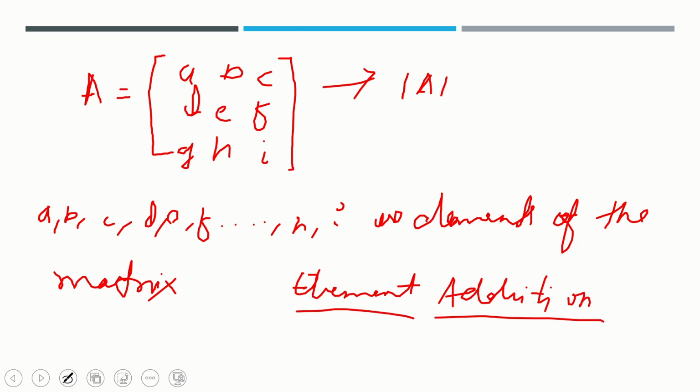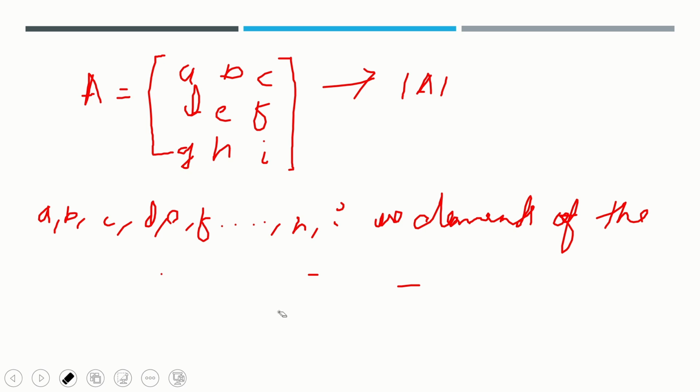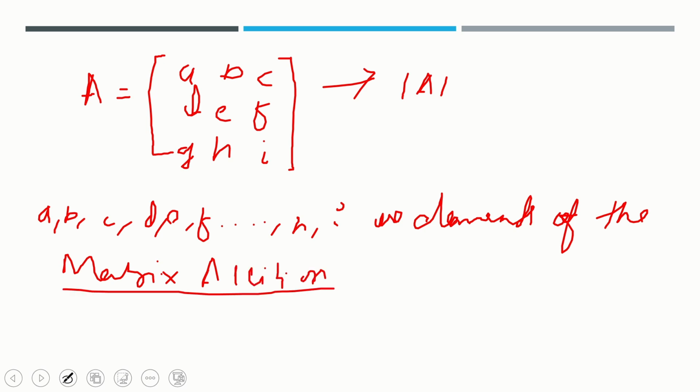What do you understand by element addition? Let me clear one thing: you have learned about matrix addition, that two matrices A and B give you a new matrix called C, but the condition is that they should be of the same order, meaning equal number of rows and equal number of columns.